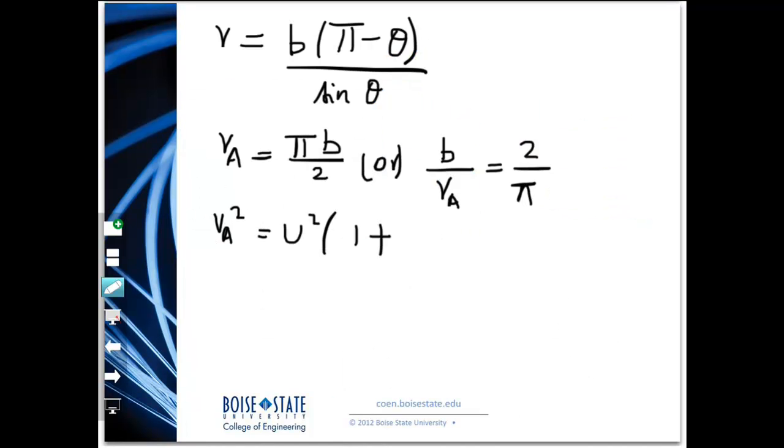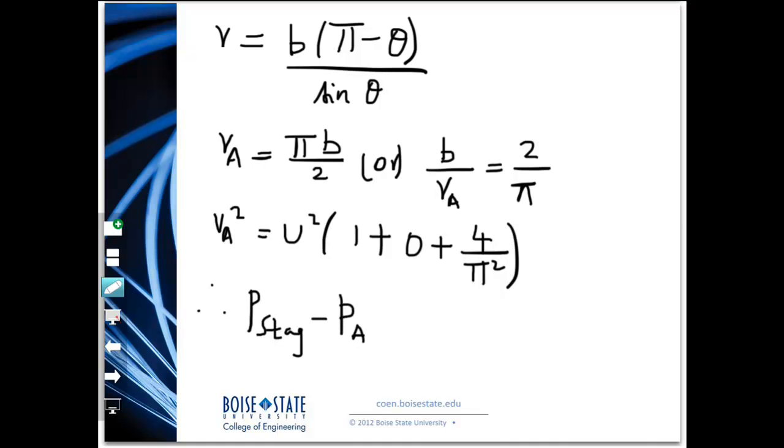So it would be 1 plus 0 plus 4 over pi square, which is nothing but B square over RA square. Okay. So you substitute this, and then finally if you simplify it, you get pressure at the stagnation point minus pressure at point A. So this is the differential pressure, and it will be equal to 0.703 rho U square. Okay, which is in terms of rho and U square, which is what you're asked to solve as a final answer.